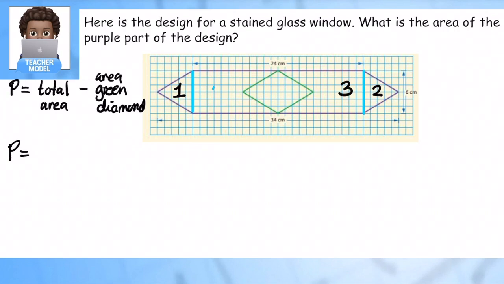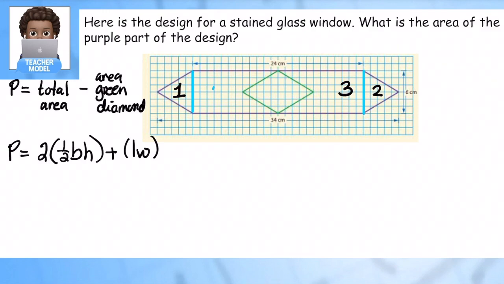So the first part of my formula is going to be the 2 triangles first. So 2 times 1/2 times base times height. And I'm going to add that with the area for our rectangle, just the length times the width.